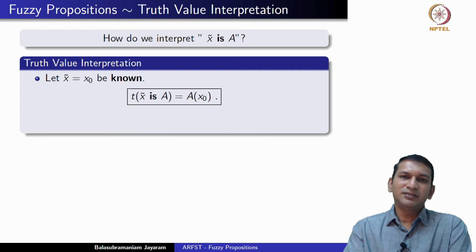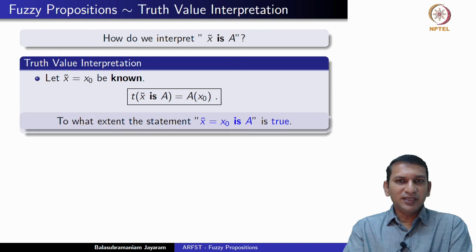What is T here? The truth value of the statement x tilde is A is in fact equal to the membership value of x naught in A. So essentially, we are stating to what extent the statement x tilde is equal to x naught is A is true. So we are finding out the truth value of this statement given x tilde is equal to x naught.